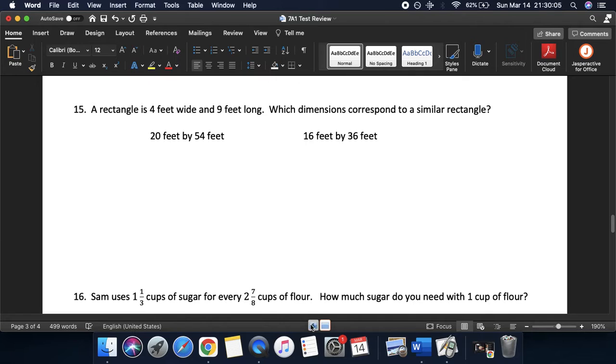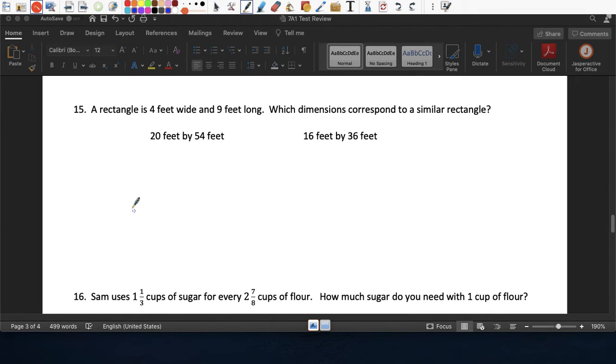It's 4 feet wide and 9 feet long. Let me just draw it out. It's 4 by 9. This is 9, and this is 4, right? They're asking you, if you made this a little bit bigger, so imagine you increase the size.